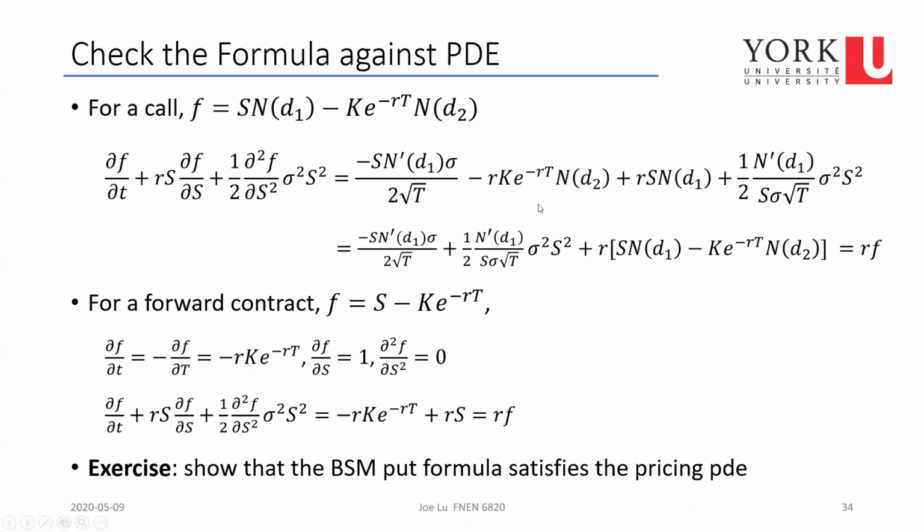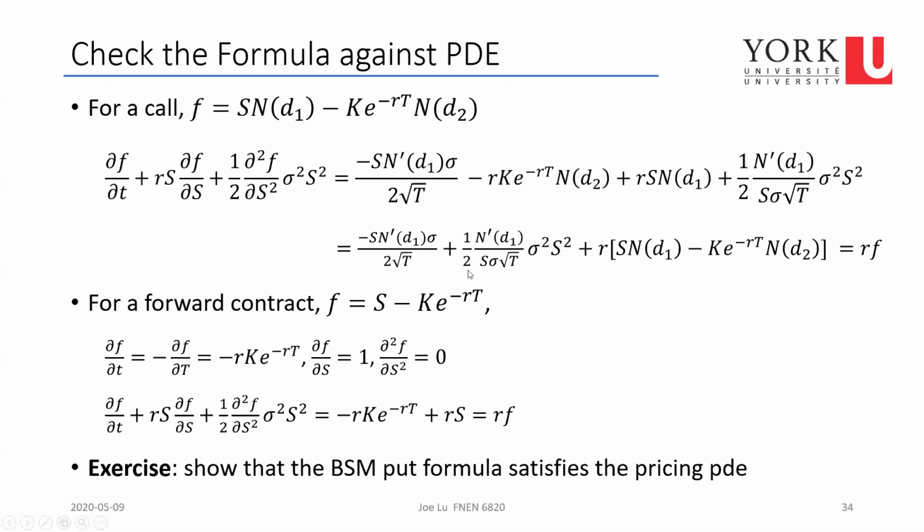So you get a theta here and r times S times the delta and one half times gamma times sigma square S square, okay? And rearrange where there's an r here, there's an r here, collect the terms, you have this. And the other terms are collected here.